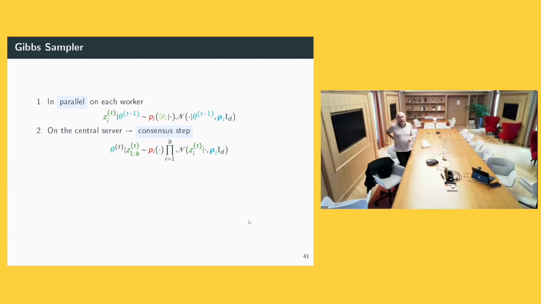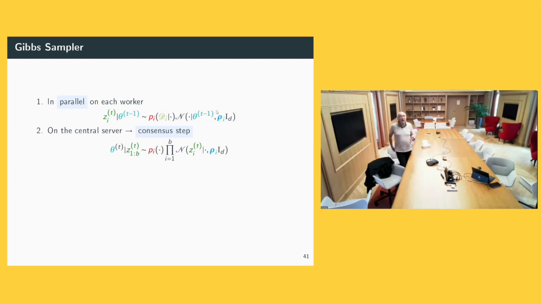So at iteration t, given theta t minus 1, you update to obtain Zi t by sampling from a distribution that depends both on the local likelihood and on the conditional distribution of Zi given theta t minus 1, which measures how far you should be from the global parameter. Of course it depends upon theta t minus 1, but otherwise it is entirely local: given theta t minus 1, you simply have to update Zi.